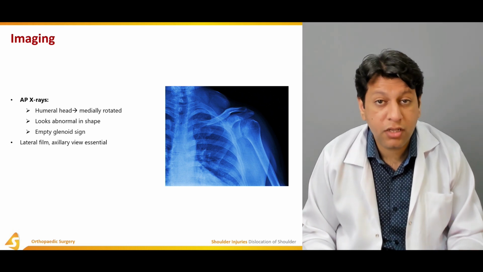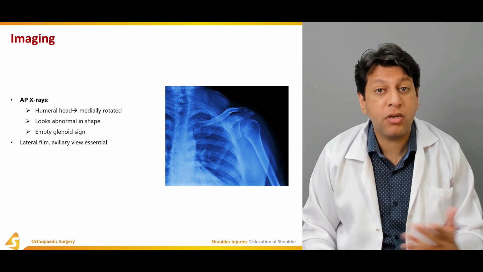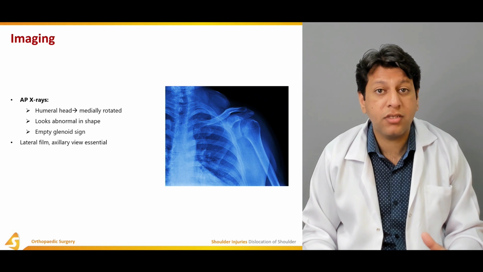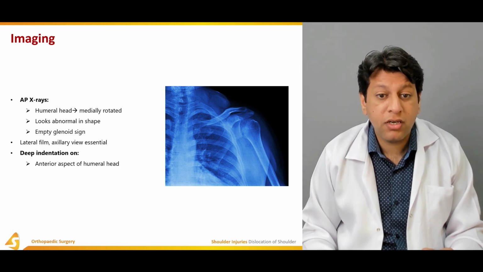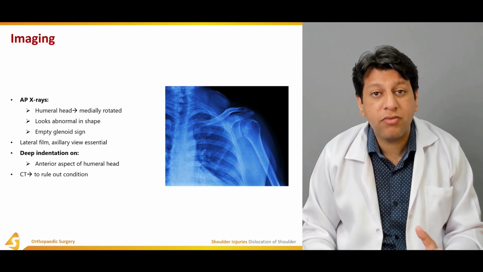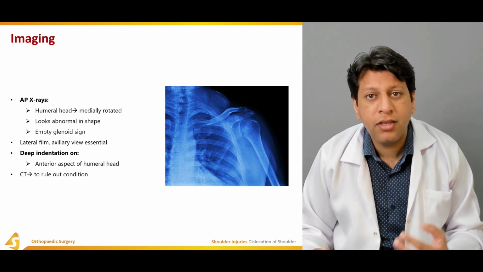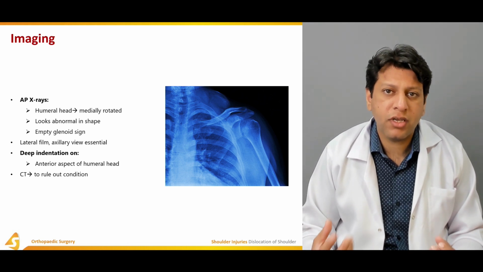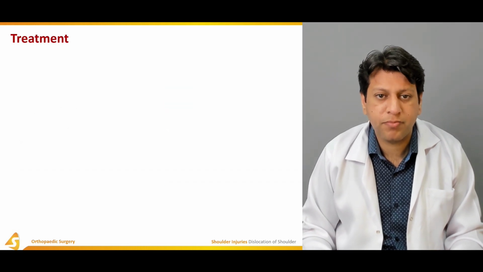Then we may have to go for other X-rays, which include axillary views, lateral scapular views, which tell us whether there is a complete anterior or posterior dislocation. There is a deep indentation of the anterior aspect of the humeral head. But if you're still not sure despite the views, the classical way is to go for a CT scan, and the CT scan with 3D reconstruction would tell exactly whether it is an anterior or posterior dislocation.